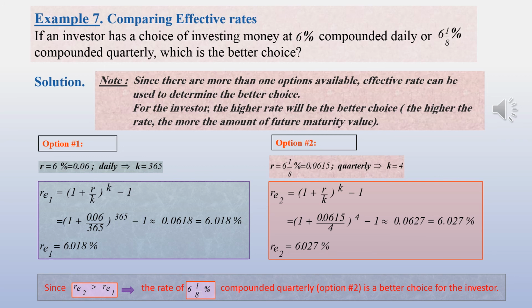We found that RE2, the second option, is bigger than RE1, the first option. Because of that, of course, the investor will choose option number 2. So option number 2, compounded quarterly with the nominal rate 6 1/8%, is the better choice for the investor.